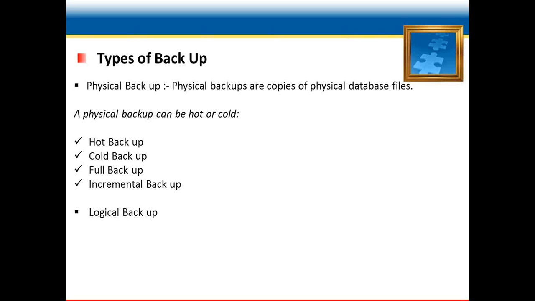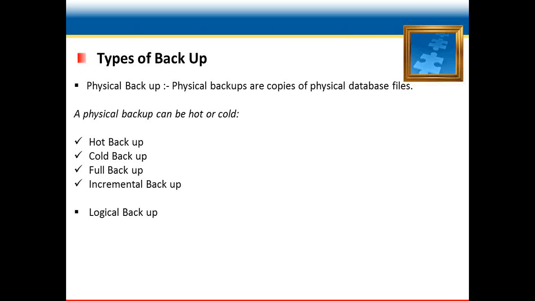And now the full backup. So what about the full backup? A full backup creates a copy of data that includes parts of the database such as the control file, transaction file, archive file, and data file.